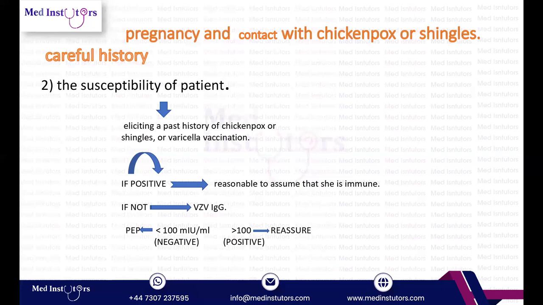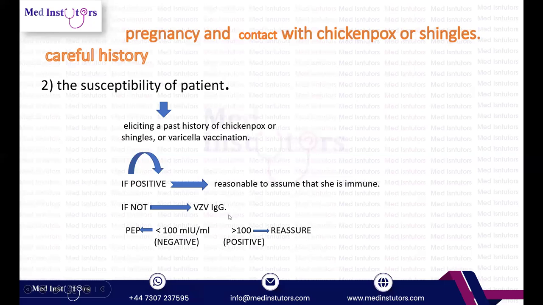So that is why, if they do have a history, it is reasonable to assume that she is immune. But in case they do not have a history or they are unsure, or they belong to tropical or subtropical areas, we have to go for serum varicella zoster virus IgG levels.